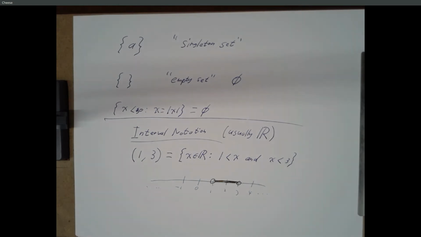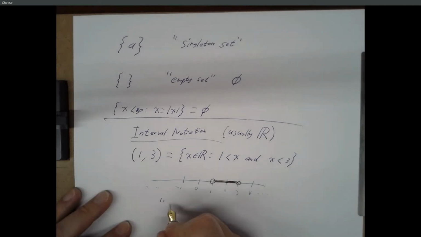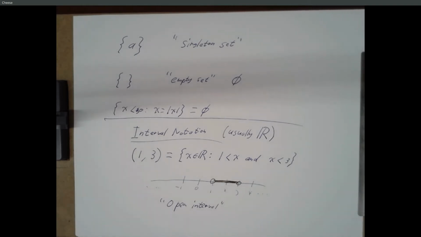So it's that stuff in between 1 and 3, not including the ends. And this is called an open interval. Open because it doesn't include the ends.